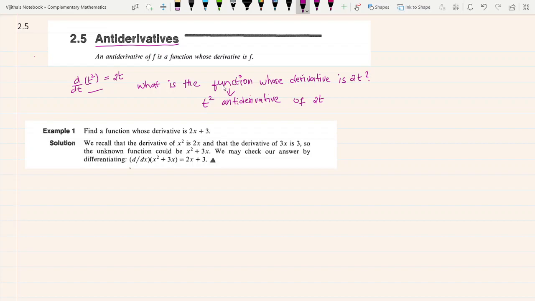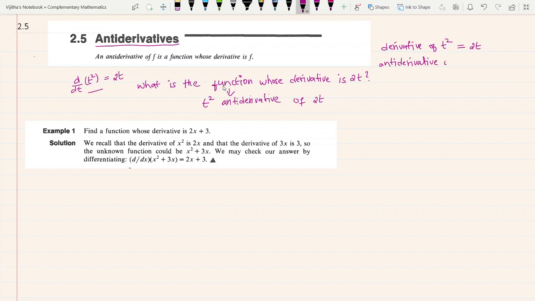That is, the antiderivative of 2t is t square. We see that the derivative of t square is 2t. So we can say that an antiderivative is the function whose derivative is that function.